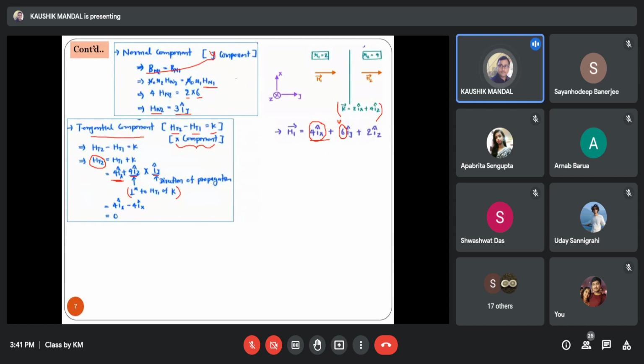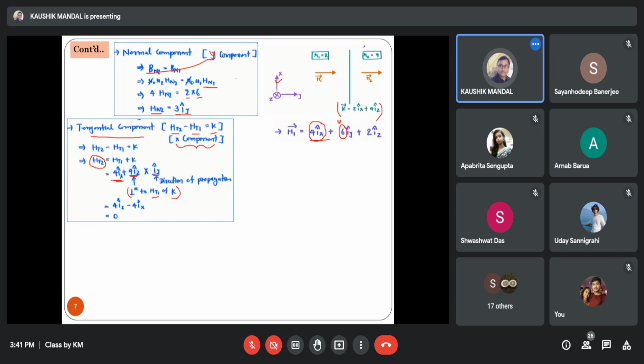From this equation, you have to determine the tangential component for the x component, so you have to find the perpendicular of Ht1 of K. You are concentrating on this x component.